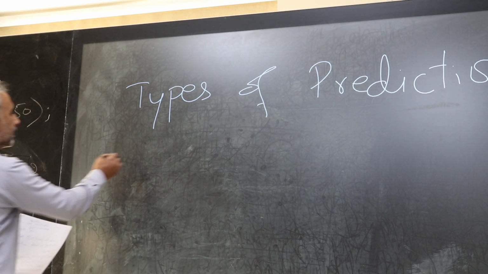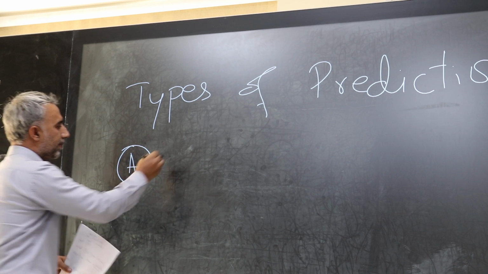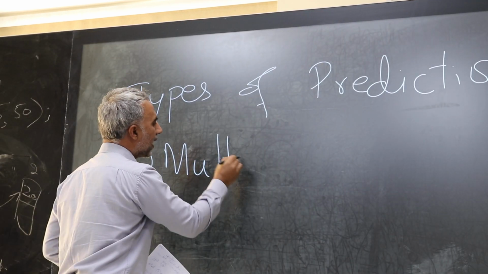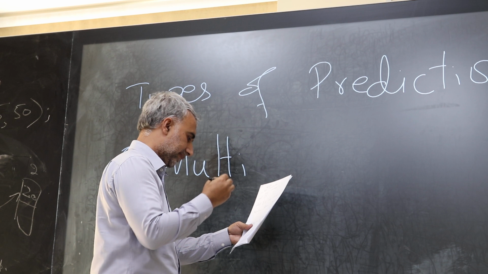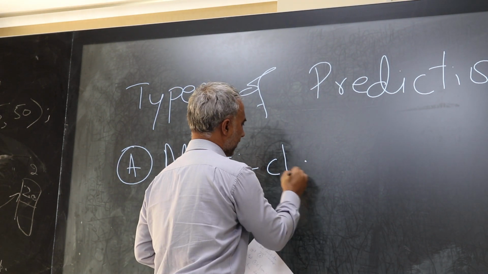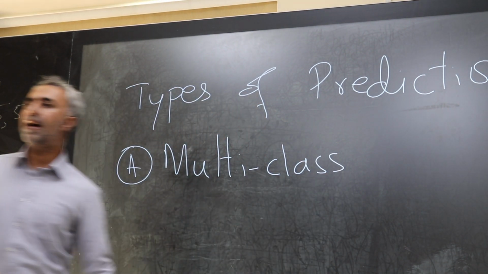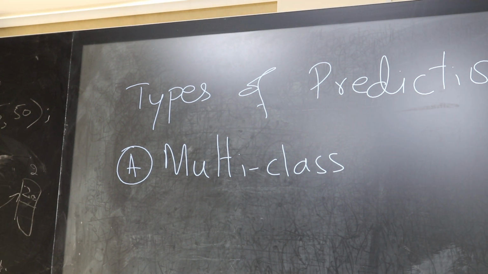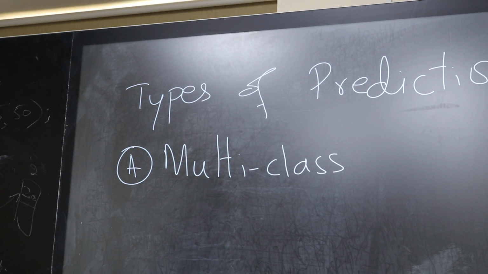So, multi-class classification. For example, you are predicting some kind of species from the wild jungle, cats, tigers, dog, or many things you want to predict, species. That is multi-class classification.